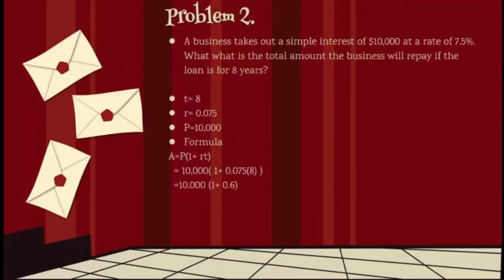First, we simplify what is inside the parentheses. 0.075 times 8 gives us 0.6. Next, we simplify the parentheses: 1 plus 0.6 gives us 1.6. Then we multiply 10,000 by 1.6, which gives us an answer of 16,000.